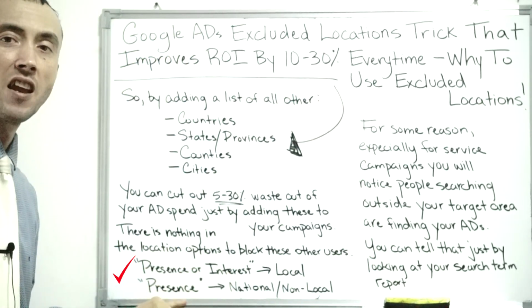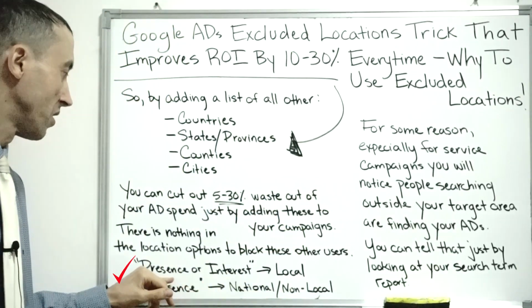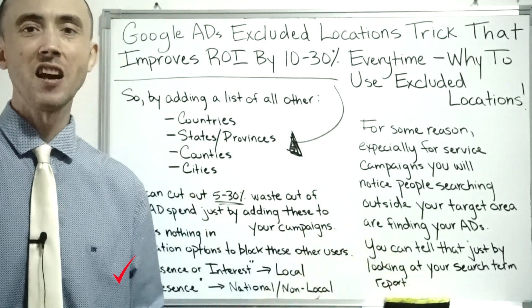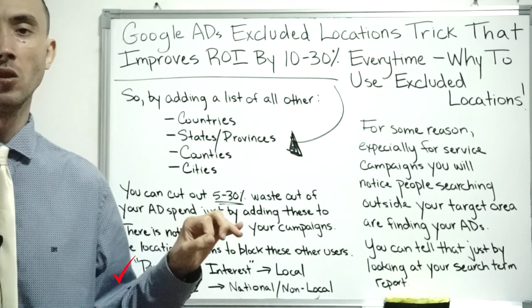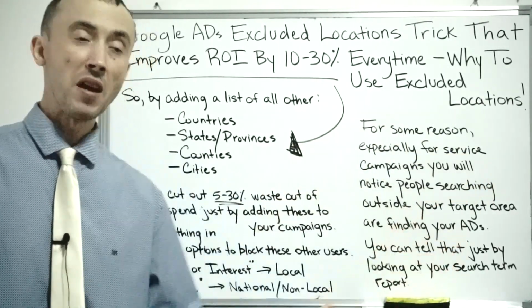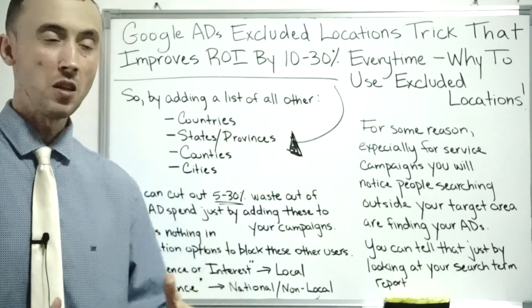Now, presence in and of itself is supposed to cover that, but what I've experienced is it's not necessarily how it works per se. And if you really want it to propagate for that person who is perhaps at work when they make a search, you want presence or interest, as loony as this kind of seems.